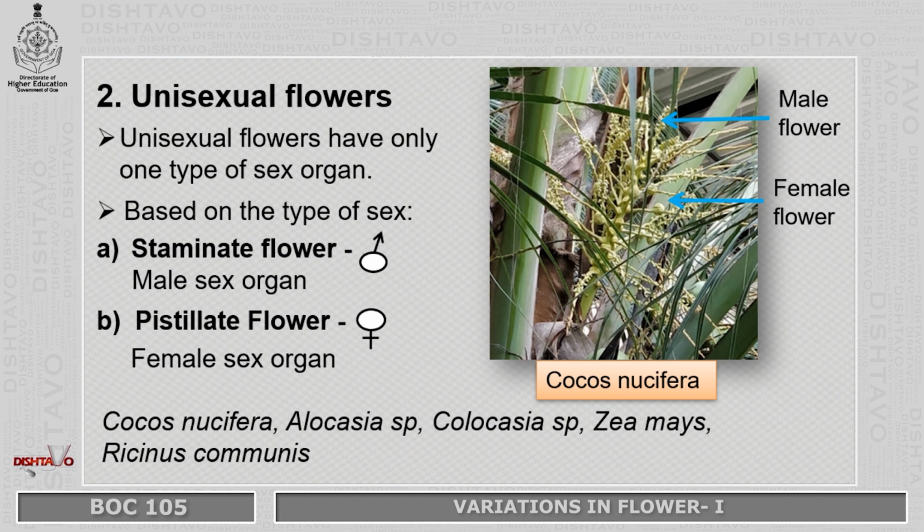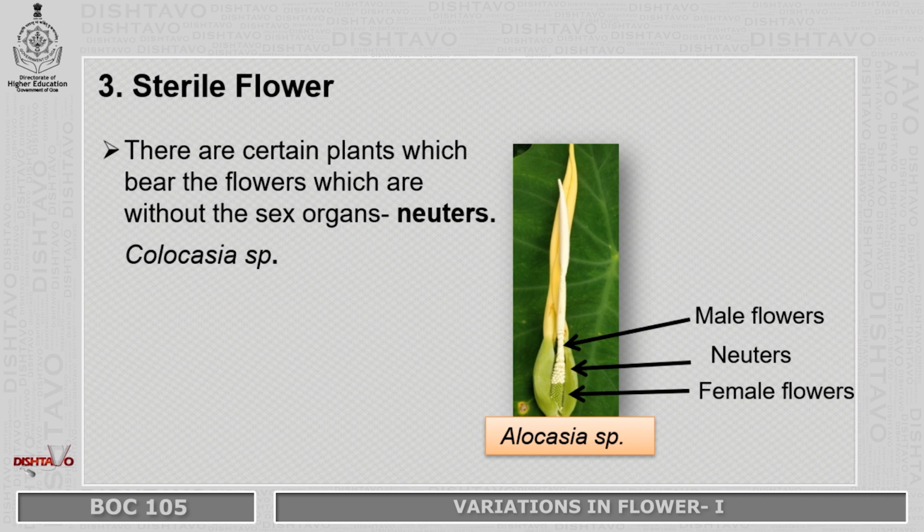The examples of the plants which show unisexual flowers are Cocos nucifera. In Cocos nucifera, the image shows both the male and the female flower. Others are Alocasia species, Colocasia species, Zea mays, and Ricinus communis. The third type of flower which is categorized on the sexuality is the sterile flower.